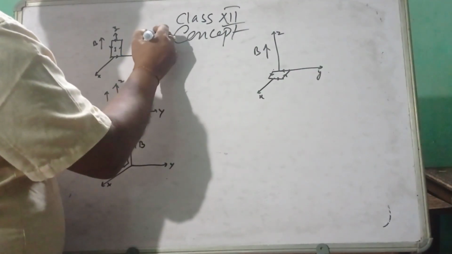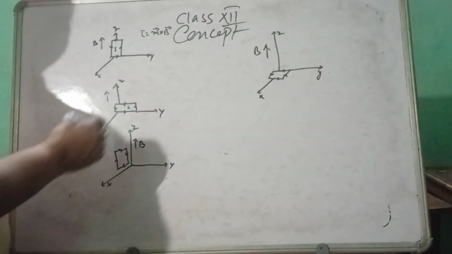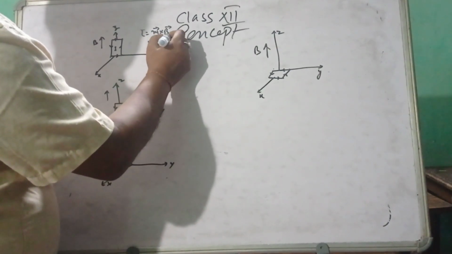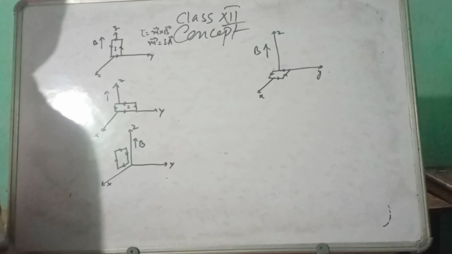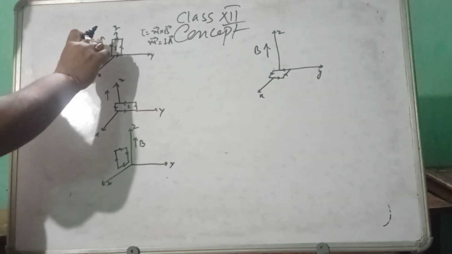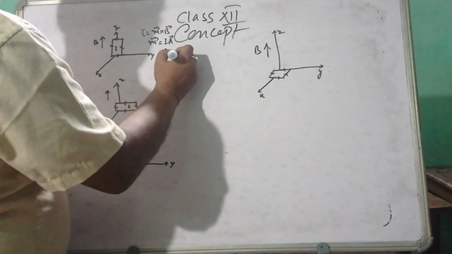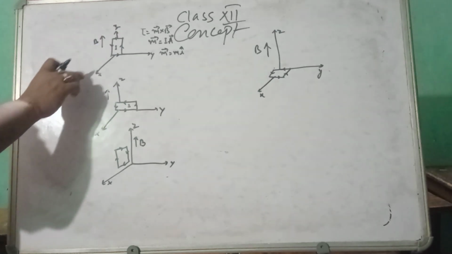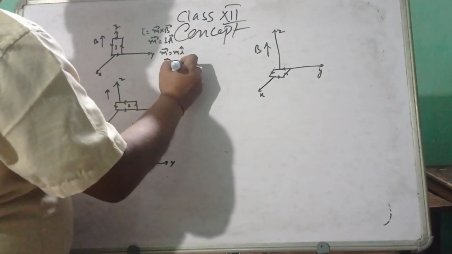Torque is equal to M cross B. We know that magnetic moment is equal to I A. Here the current is flowing in anti-clockwise direction, so your magnetic moment will be M I cap, and the magnetic field is in Z direction, that is B K cap.